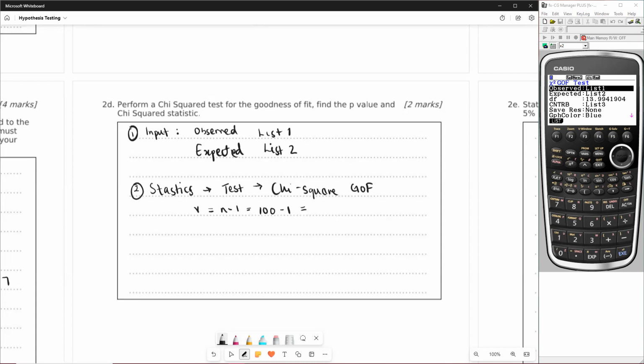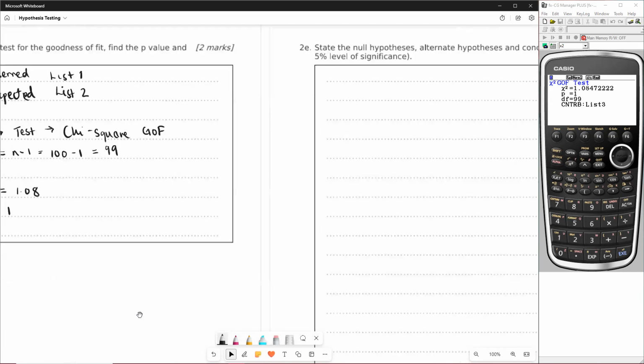They observed 100 trees. So we have to make sure that that is 19. Okay, everything else is okay. And you get your answer. The chi-square statistic is 1.08, and the p-value is 1. And so we answer question E.